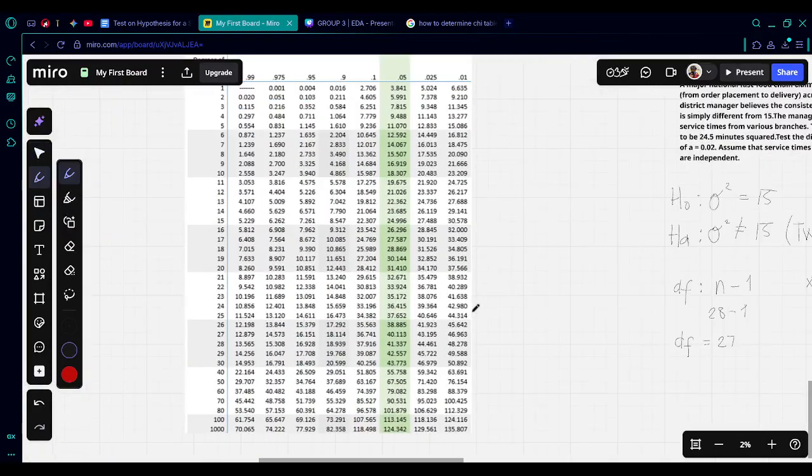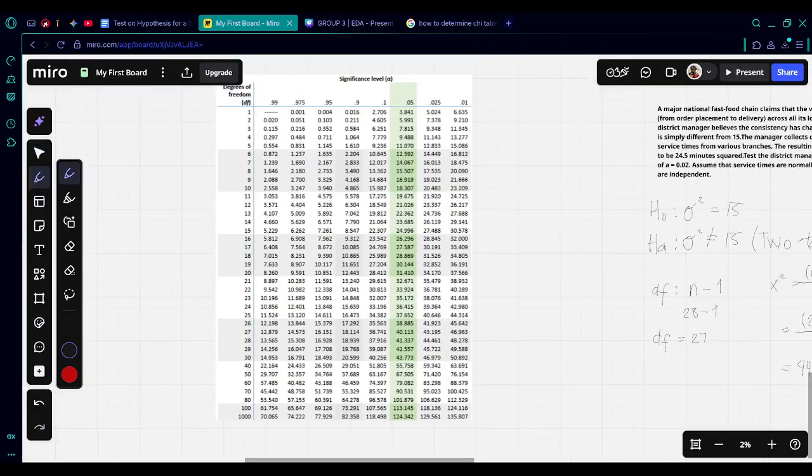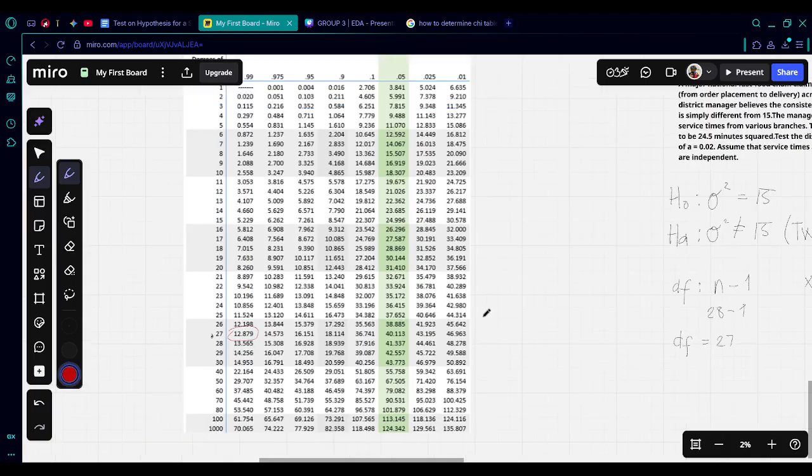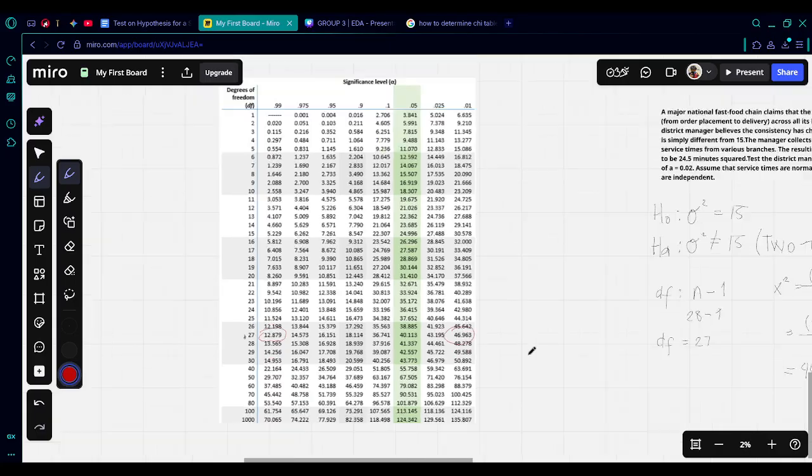So we will now locate the 0.99 and 0.01 in 27. So we have 27, the degrees of freedom here. In 0.99 we have 12.879, and in 0.01 we have 46.963.